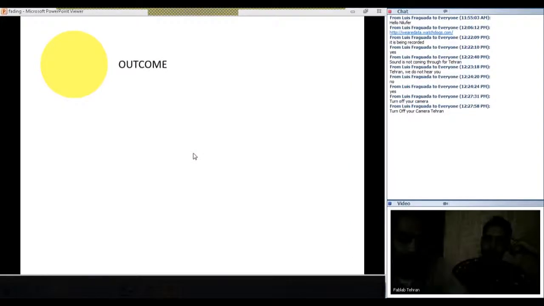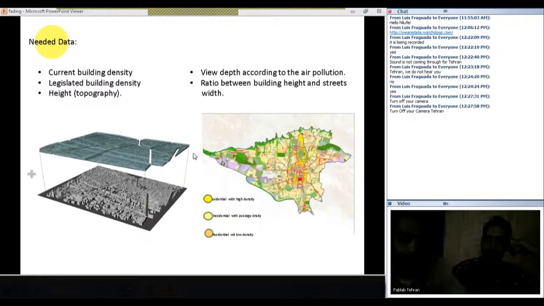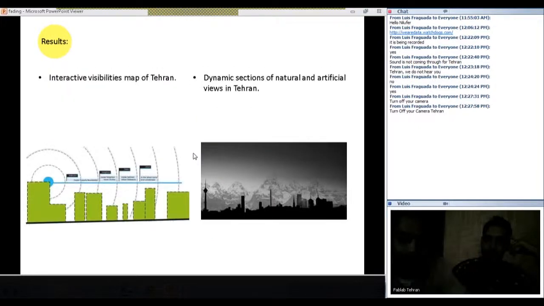To reach our outcome of the project, we need some data such as the current building density or legislated building density, height or topography of the whole city, and some other data that we would process to reach these results.